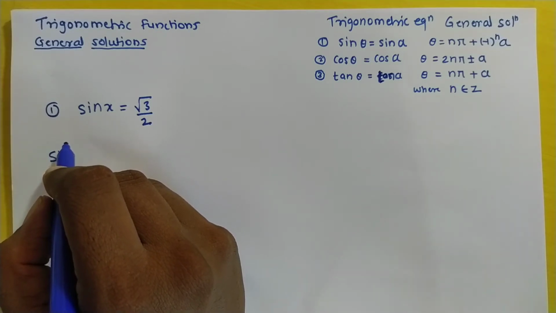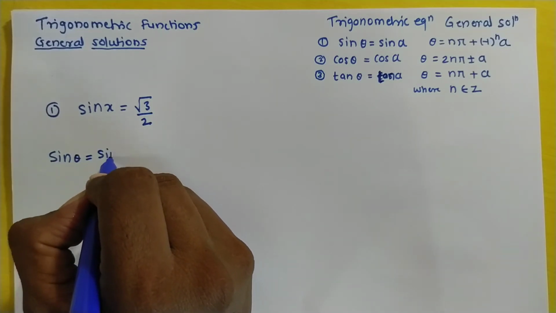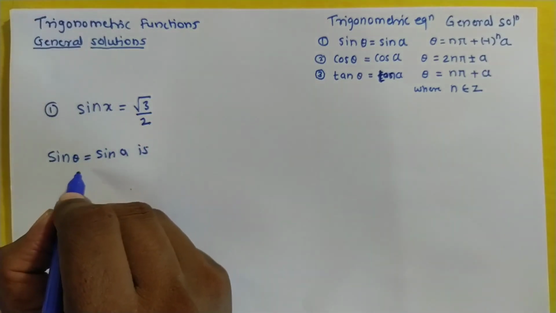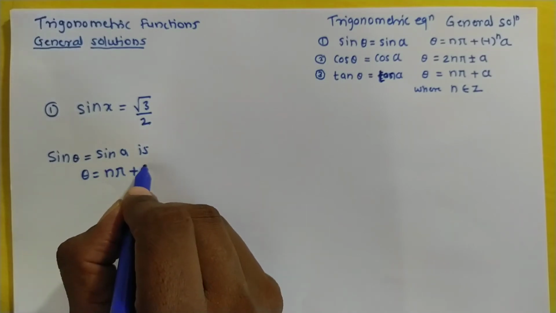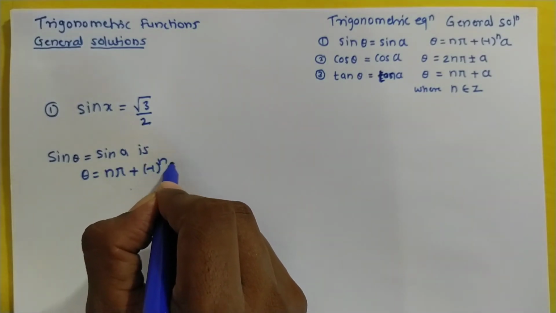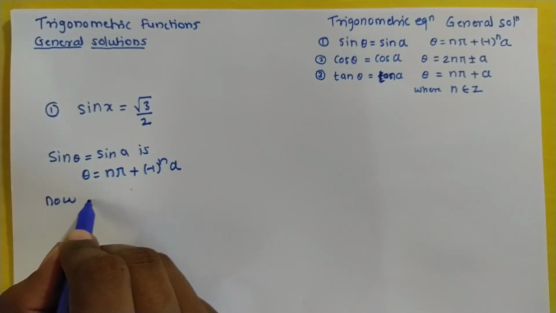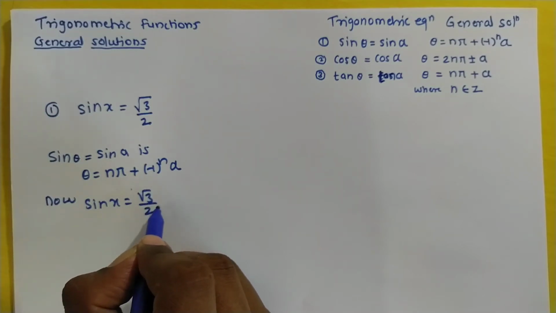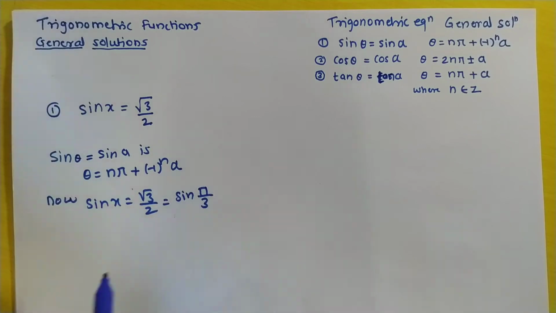the general solution of sine theta equal to sine alpha is theta equal to n pi plus (minus 1) raised to n alpha. Now sine of x equal to root 3 by 2 is equal to sine of pi by 3.